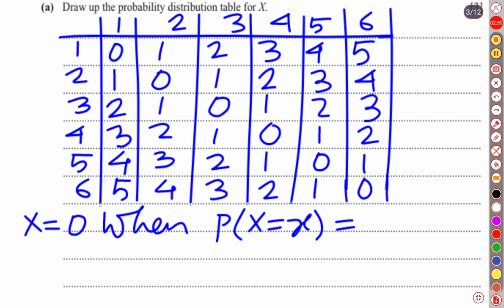Look at this, how many zeros are there? If we see straight away, there are 6 zeros, 1, 2, 3, 4, 5, 6 zeros. So it will be 6, and total number of outcomes is 36.